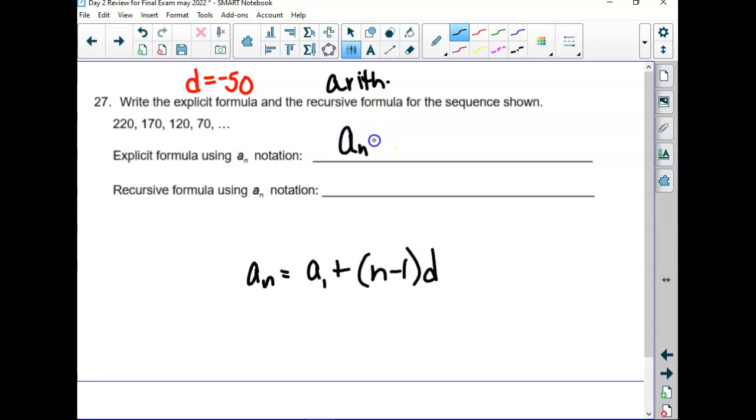I was pretty generous on the quiz, but I'm not going to be super happy if you write down 220 plus (n - 1) minus 50. Are all those numbers in the right places? Well, they are according to this, but does that look like it's multiplied by -50?